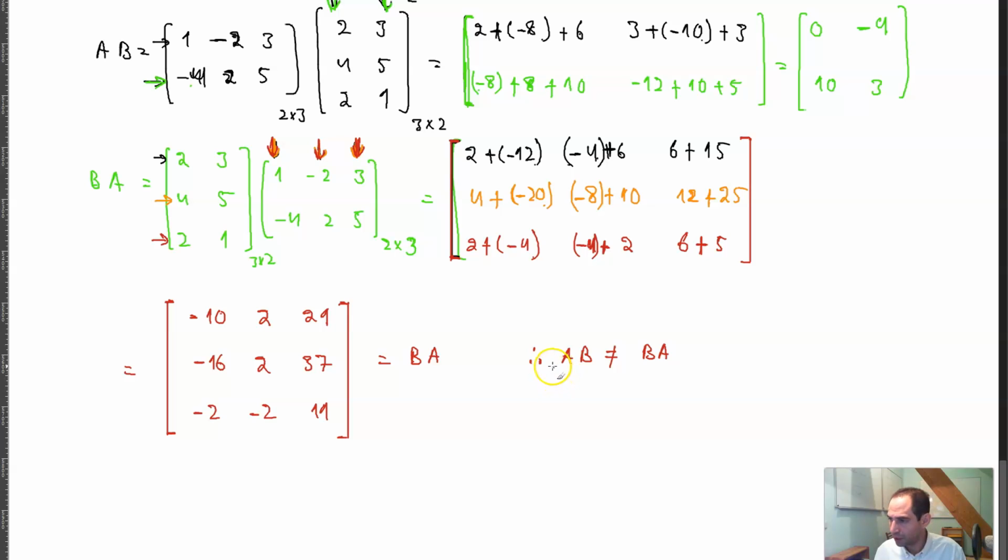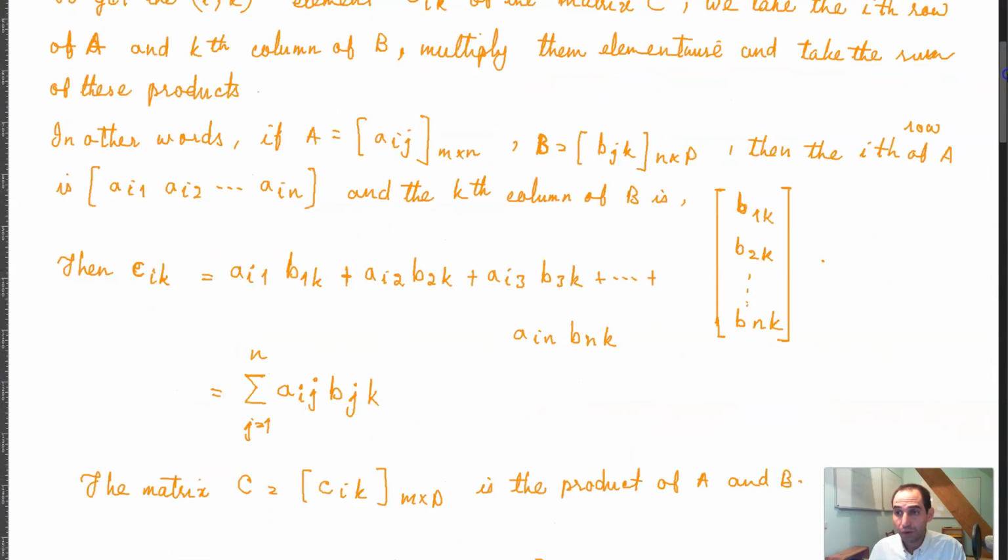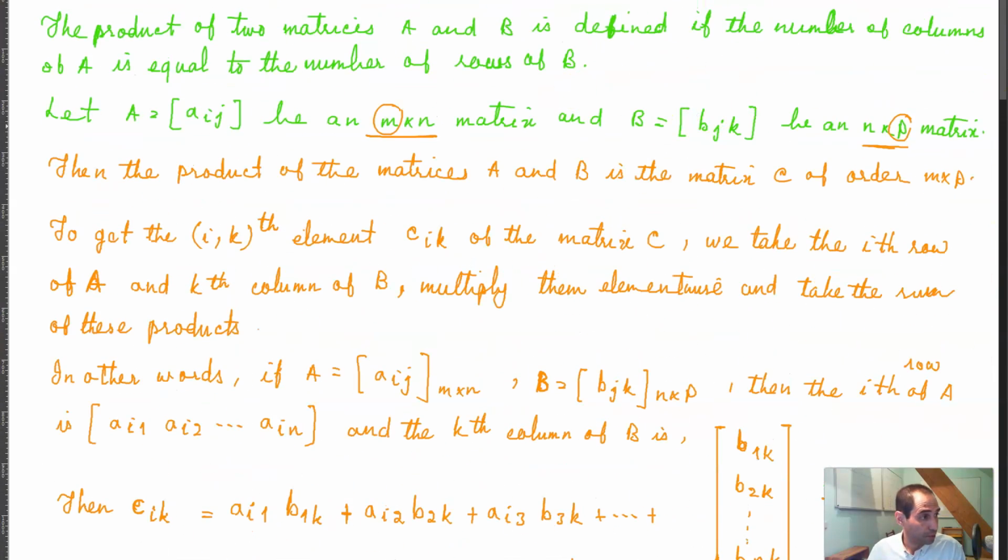Here we give an example to show that even if AB and BA are of the same order, they may not be the same, right? So let's do this example. Example number 14.